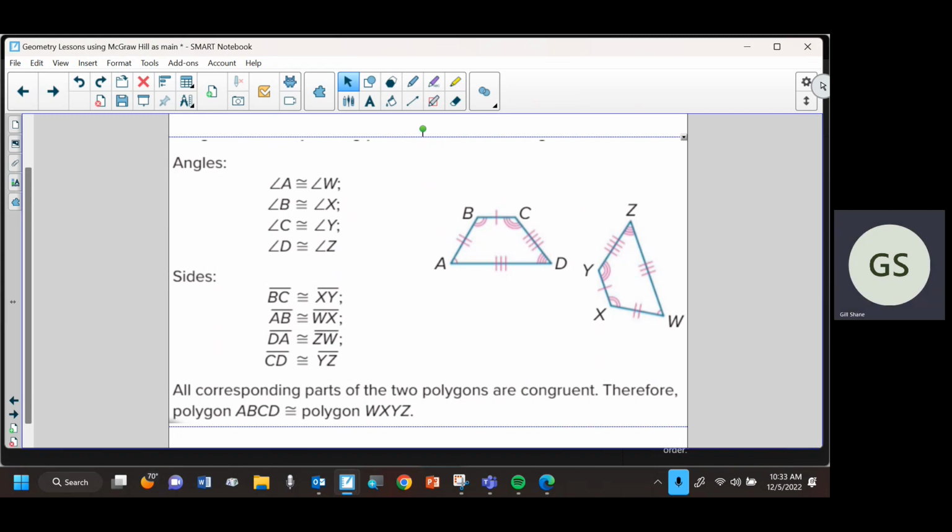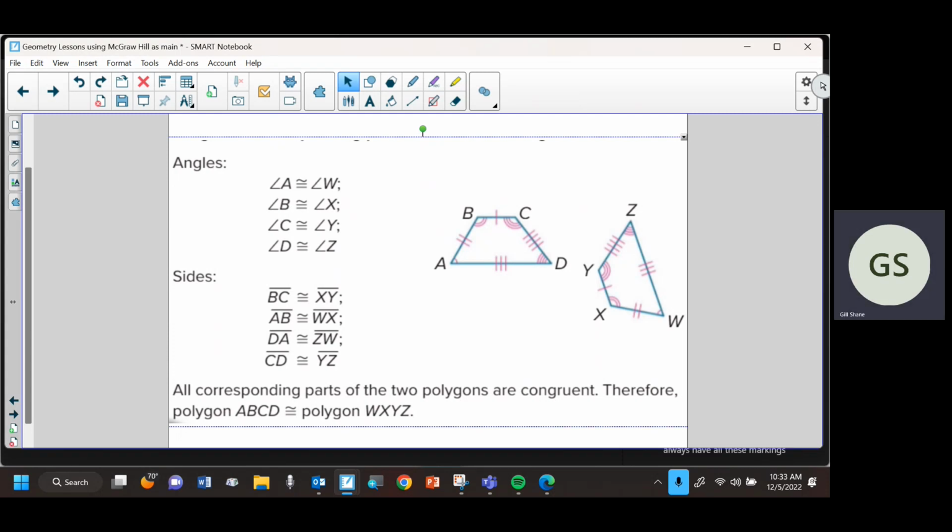And that's how you know, even if you don't have tick marks, if they tell you the figures are congruent, they don't even really need the tick marks anymore, because you should just know that angle A is congruent to angle W, B is congruent to X, C is congruent to Y, D is congruent to Z. So keep that in mind. You may not always have all these markings.